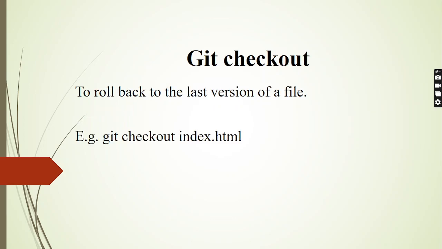Git checkout is to roll back a version of a file. For example, if we create an index.html or txt file and we make an edit to it, we can always use Git checkout to erase that edit from the last commit.